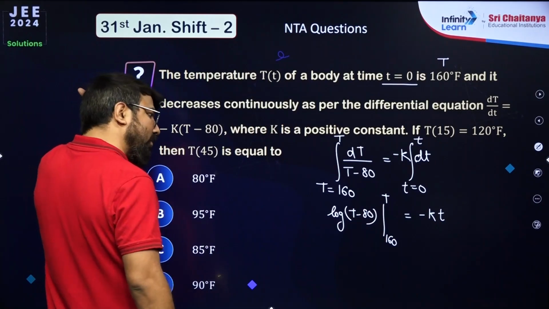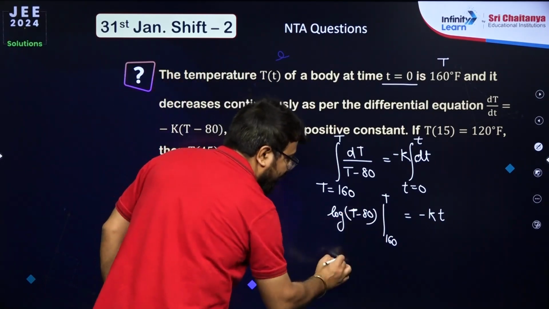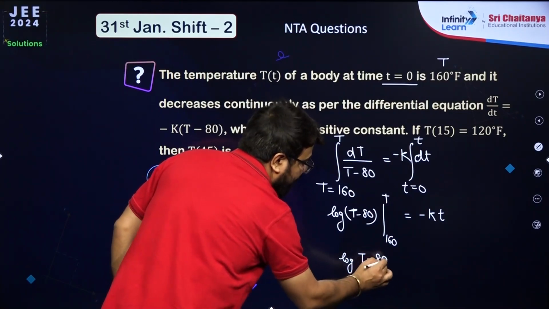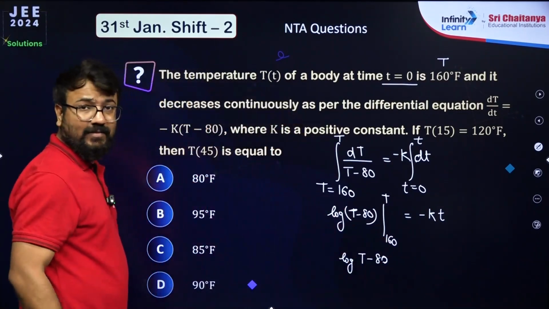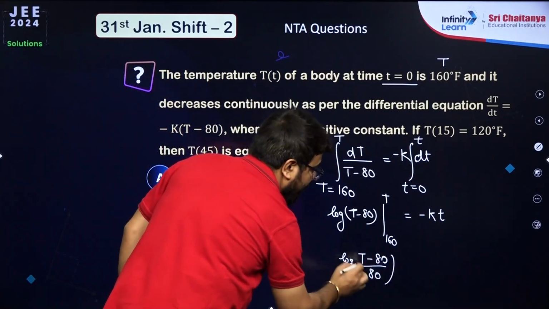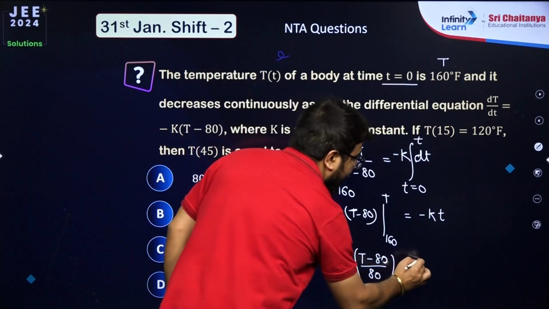Let us put the value of T, first of all capital T, it will remain the same, and log a minus log b. If I place the value of T as 160, 160 minus 80 will be 80 again. So it will be written in this way, log a minus log b will be this, and here it is minus kt.